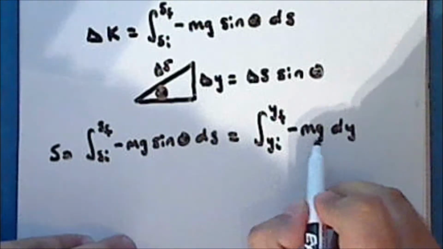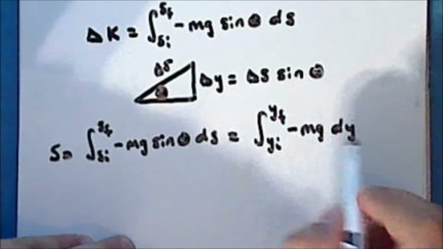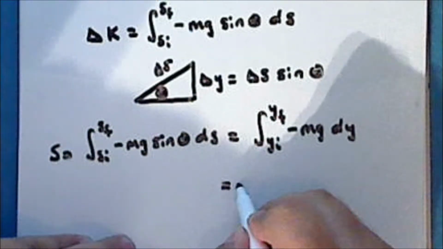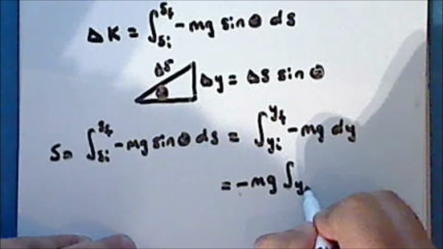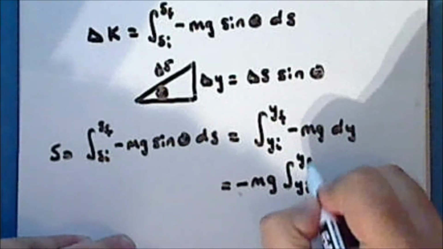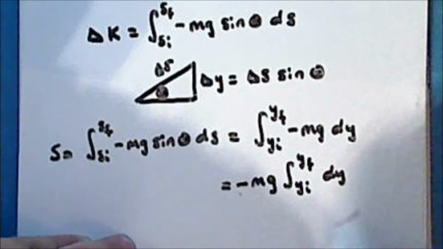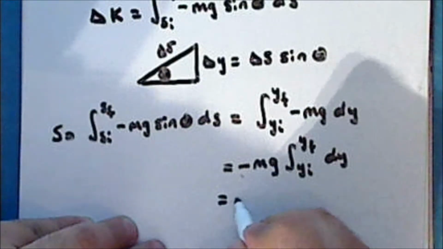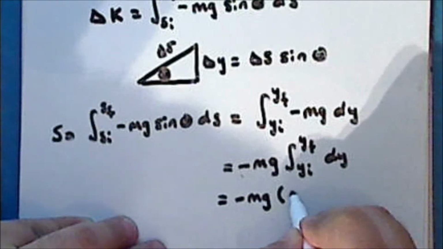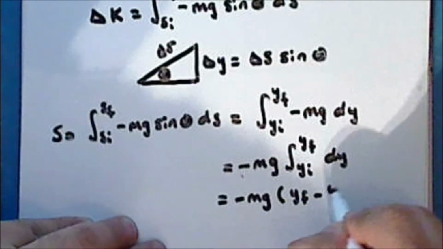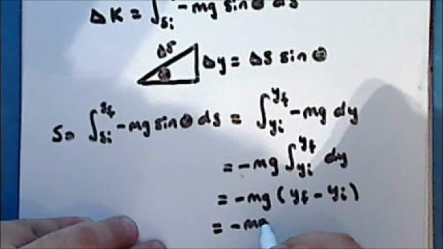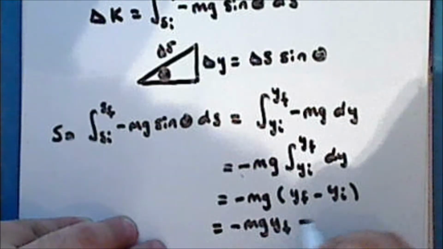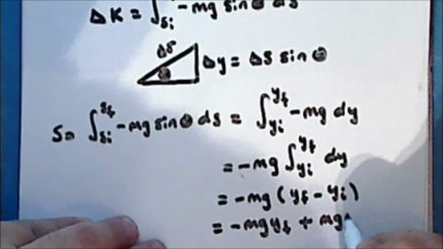Now, the mass and the acceleration due to gravity are constants, so we can bring this out of the integral. So we have negative mg times the integral from an initial y position to a final y position dy. And this is negative mg times the quantity y final minus y initial, which is negative mg y final plus mg y initial.